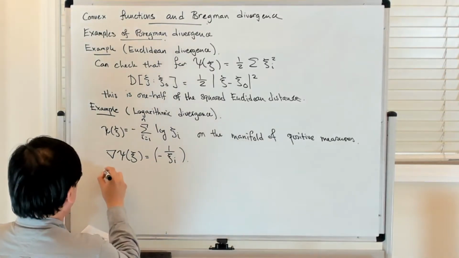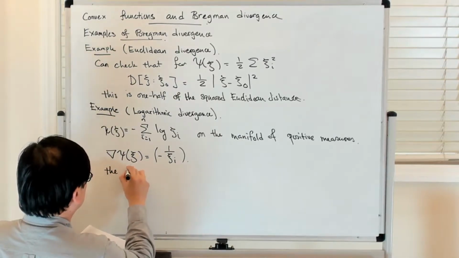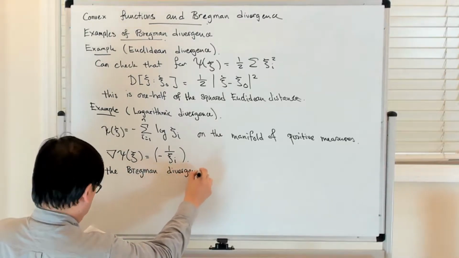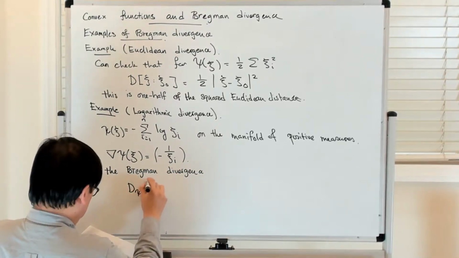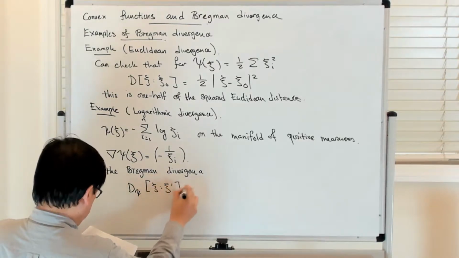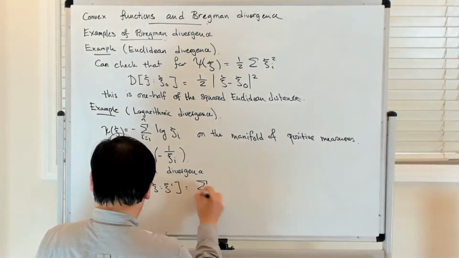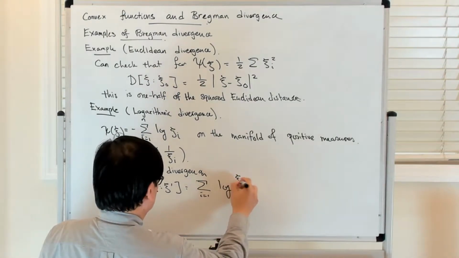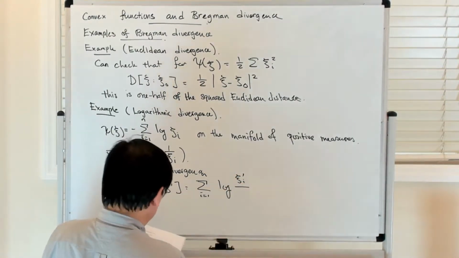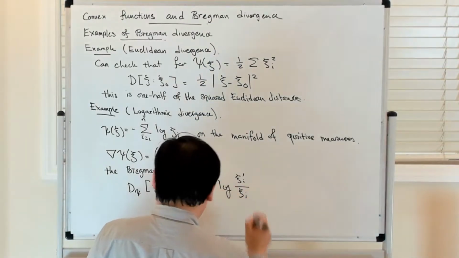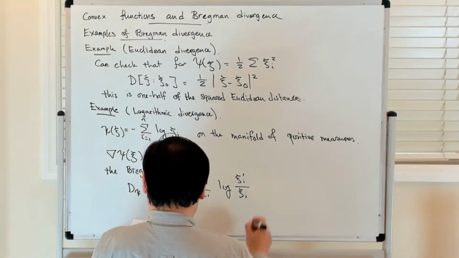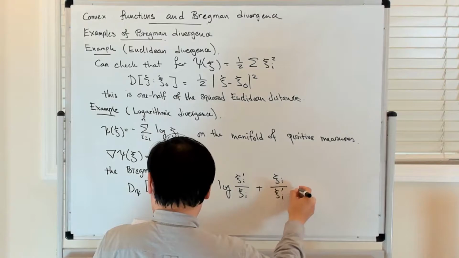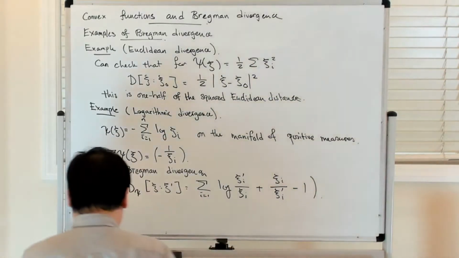Okay, so the Bregman divergence then is just equal to the sum from i equals 1 to n of the log of ci prime over ci plus ci divided by ci prime minus 1. Okay.